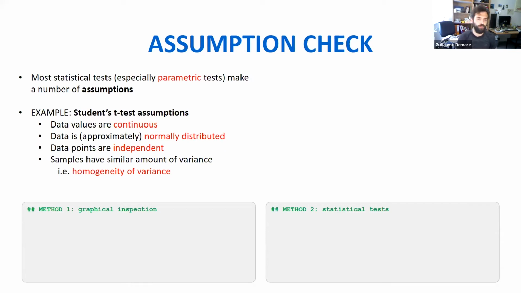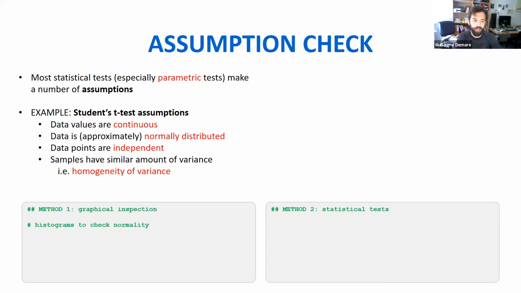So we performed that t-test and thought all the assumptions had been met, but how do we test for these assumptions? The first method, and the one we used last week, was a kind of graphical inspection. We just look at some graphs and decide that the assumptions are met. So that's the first method.